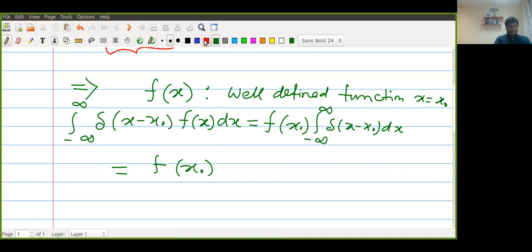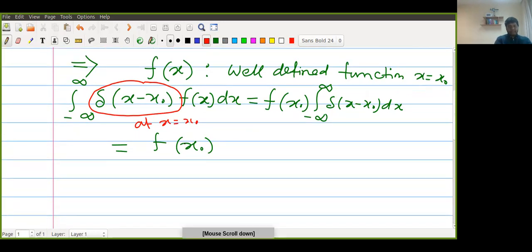Here I define a function delta of x minus x naught, which has a sharp peak at x equals x naught. What does that mean?